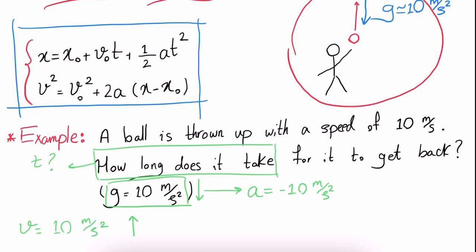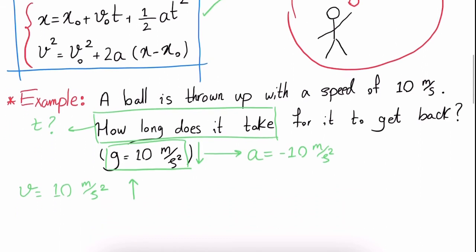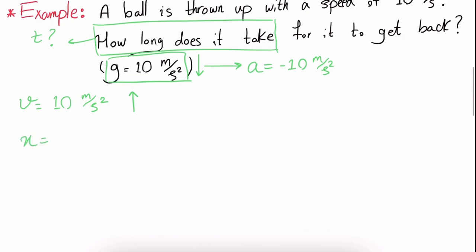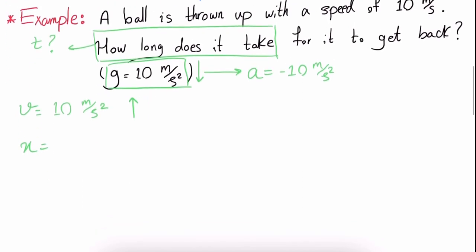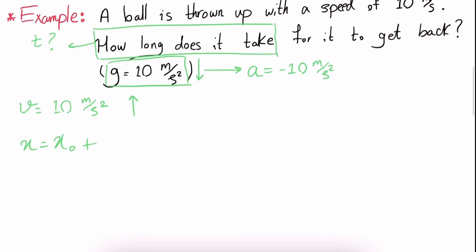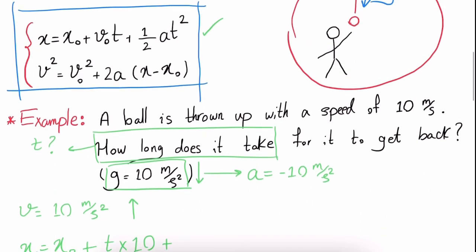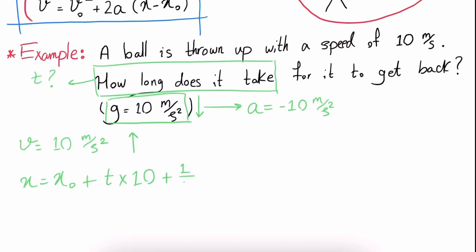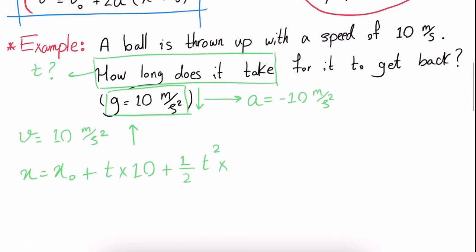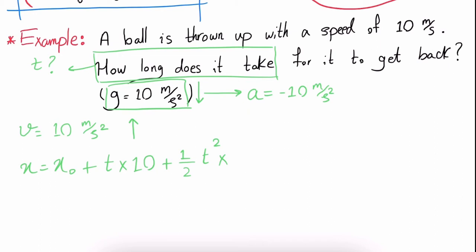Therefore, we have to use the first formula here, which is x equals the initial position of the ball plus the time times the initial speed, which is 10, plus half of the square of time times the acceleration, which in this case is minus 10. So this is the equation we're looking for.